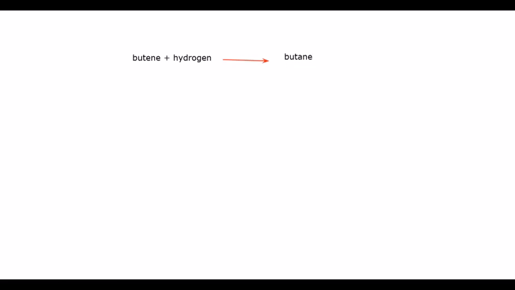Sometimes you have to complete the symbolic equation, like they may give C5H10, which is pentene, reacted with hydrogen. What is the product? Pentane. Yes, the product is pentane, but you have to write the molecular formula of pentane, so it will be C5H12.